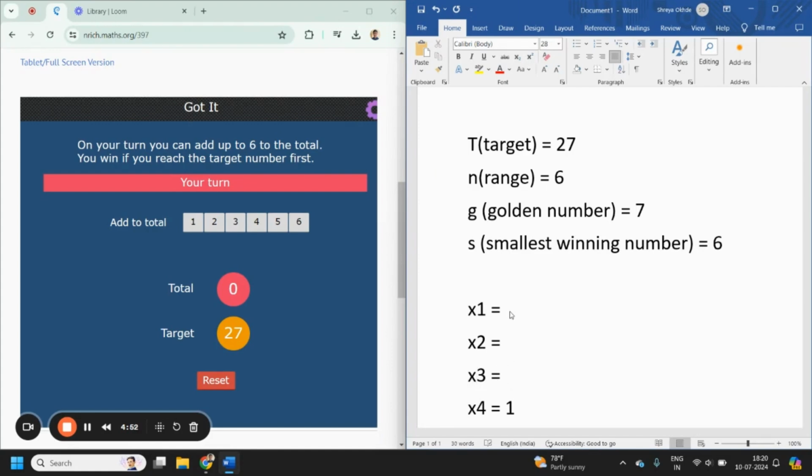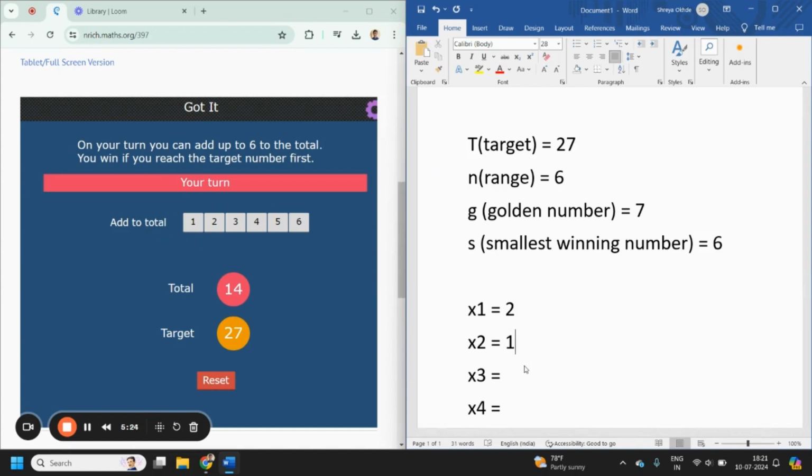So now let us apply these variables in the same way. I'm going to start with playing a 6. x1 is equal to 2, and I'm going to play 7 minus 2, which is 5. x2 is equal to 1.